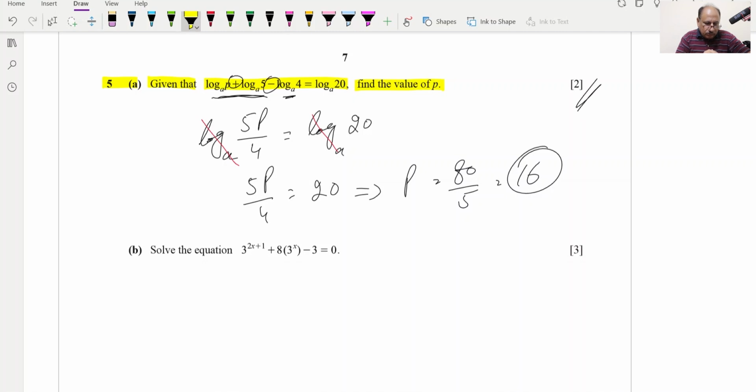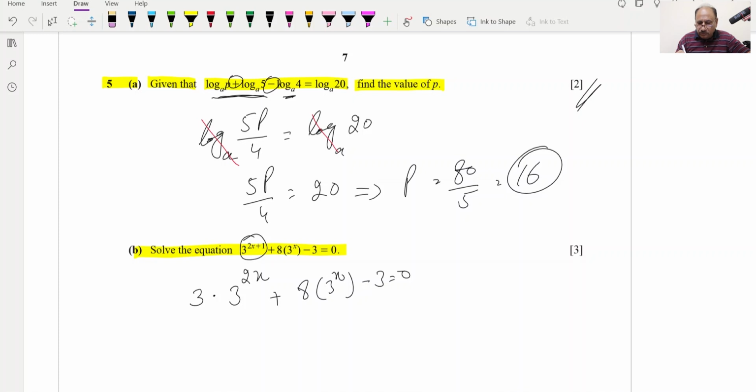B part: solve the equation, this one. For solving this equation we can rewrite this as 3 into 3 raised to the power 2x plus 8 into 3 raised to the power x minus 3 is equal to 0. Now this is basically a quadratic equation in terms of 3 raised to the power x.